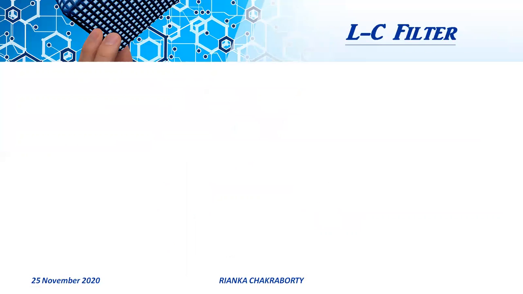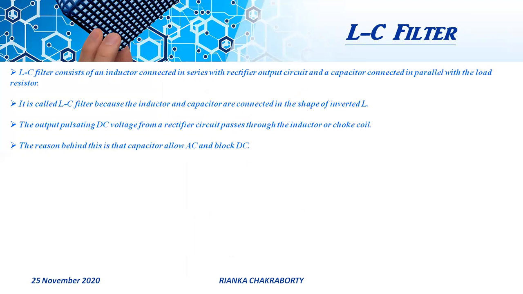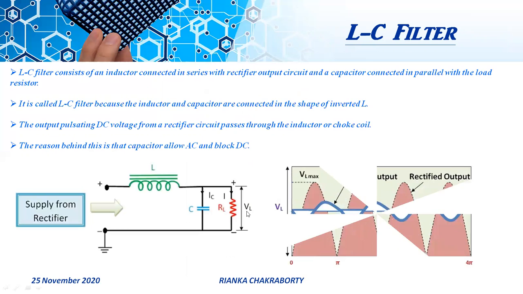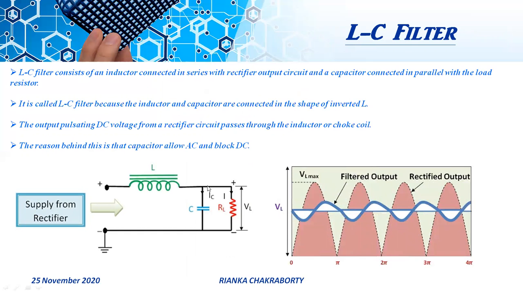So next is the LC filter. This is the circuit diagram where we use inductance, capacitance and the resistance RL. It consists of an inductor L connected in series with a rectifier and a capacitor C across the load.